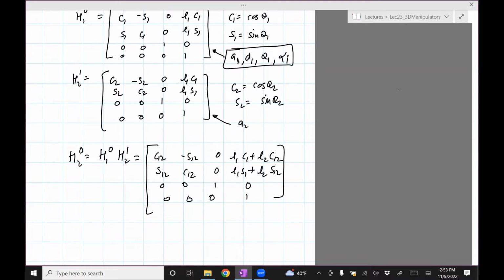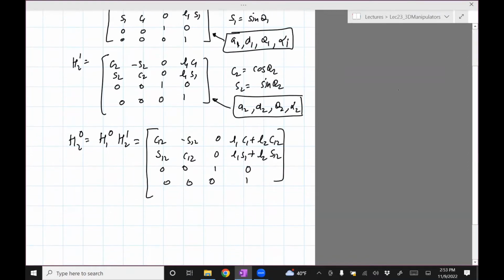This comes from A2, D2, theta 2, alpha 2. C12 is cosine of theta 1 plus theta 2, and S12 is sine of theta 1 plus theta 2.